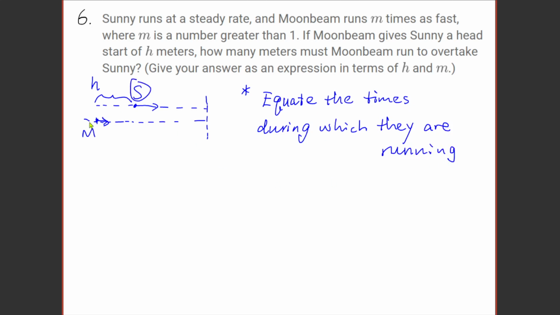So for Sunny, the distance it runs is... okay, suppose we let the total distance from the starting point of Moonbeam to the point where they meet be d. Let d be the distance Moonbeam must run to catch Sunny, okay?